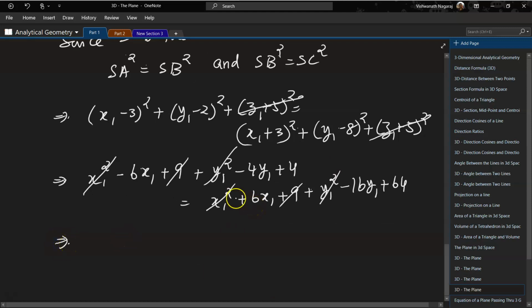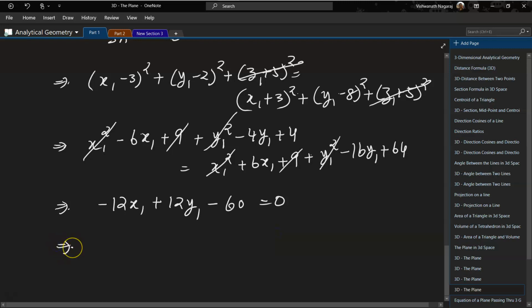If we bring this minus 6x1 to this side, we get minus 12x1, right? Then y1, that is minus 16, it becomes plus 16. Plus 16 minus 4 is plus 12y1 minus 60 equal to 0. Yes. Now here, let's take out common 12.